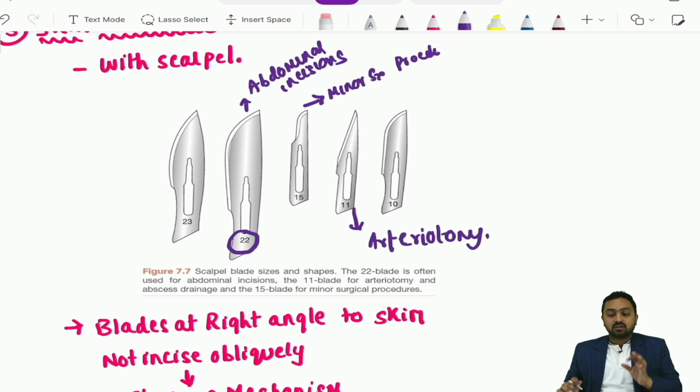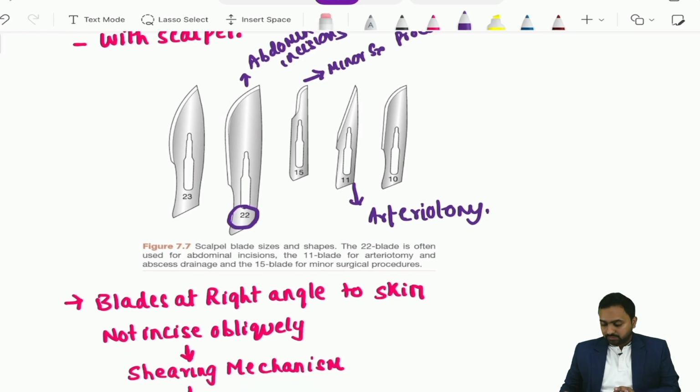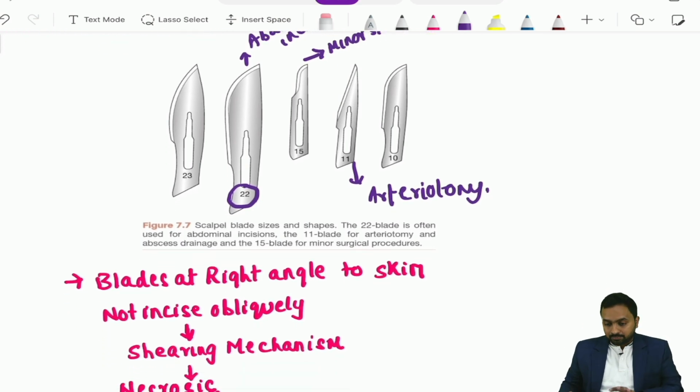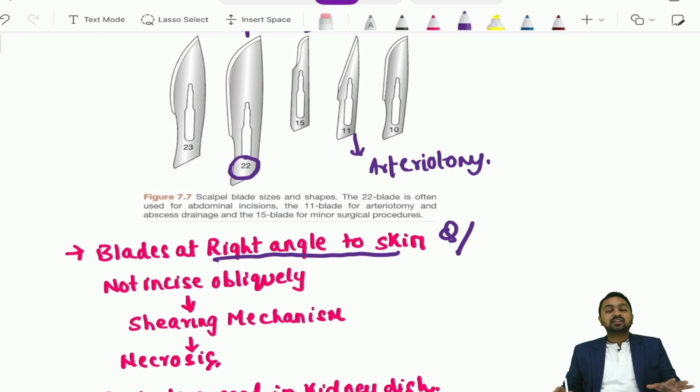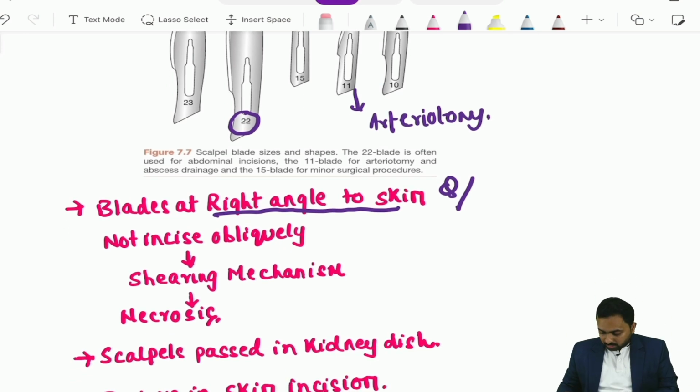Then these blades are applied at right angles to the skin and not obliquely, because the shearing mechanism will lead to your necrosis. So the direction should be at the right angle to the skin and then extended at the desired direction. Now scalpels are always passed in your kidney dish. You never pass a scalpel hand to hand in your operating table.